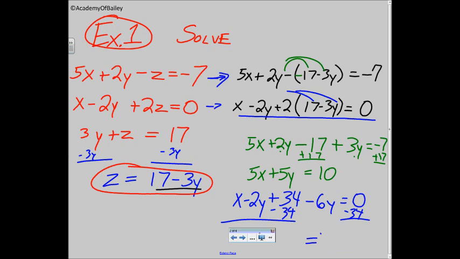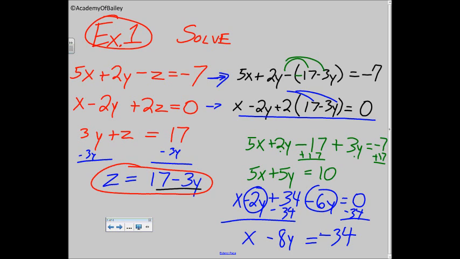So that makes a negative 34 on the right side. Combine like terms, negative 2y, negative 6y, negative 8y with x. Okie dokie, we have two equations. We still have two equations. So that's what we have to use.